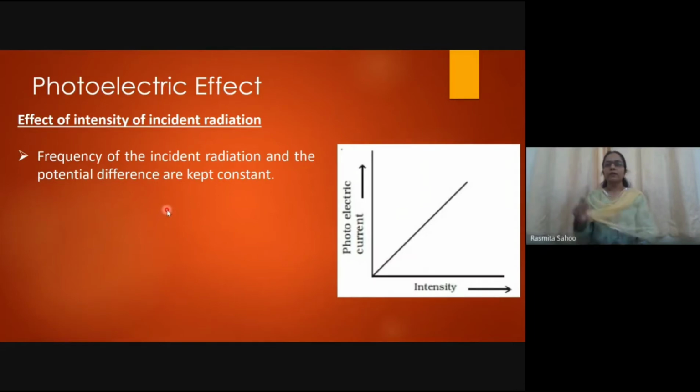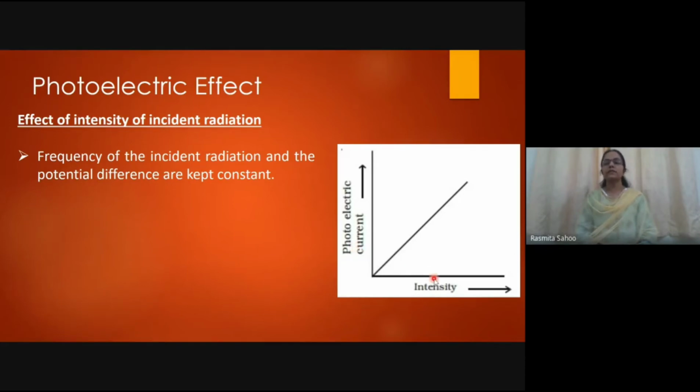As they changed the intensity, for different values of intensity they measured the photocurrent from the emitter connected to the circuit. They plotted a graph with intensity on the x-axis and photoelectric current on the y-axis. They found that the photoelectric current is directly proportional to the intensity.